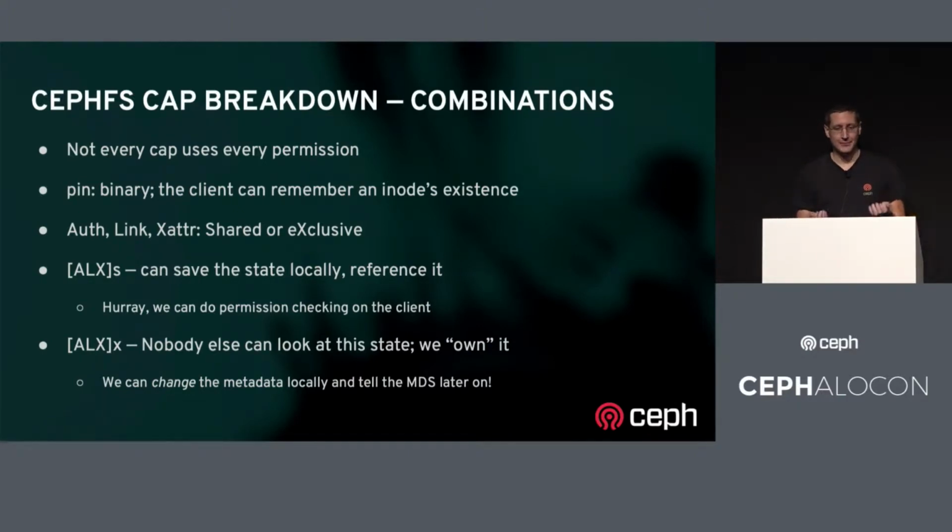If you have the shared cap on them, you can save the state locally and cache it and reference it, so that if you get a system call that says, I want to do a stat, that says that you want to look at the mode and you have the auth cap, you can satisfy that locally without having to send a request round trip to the MDS. The exclusive cap is more powerful in that it means that the MDS has delegated you full responsibility for owning that state.